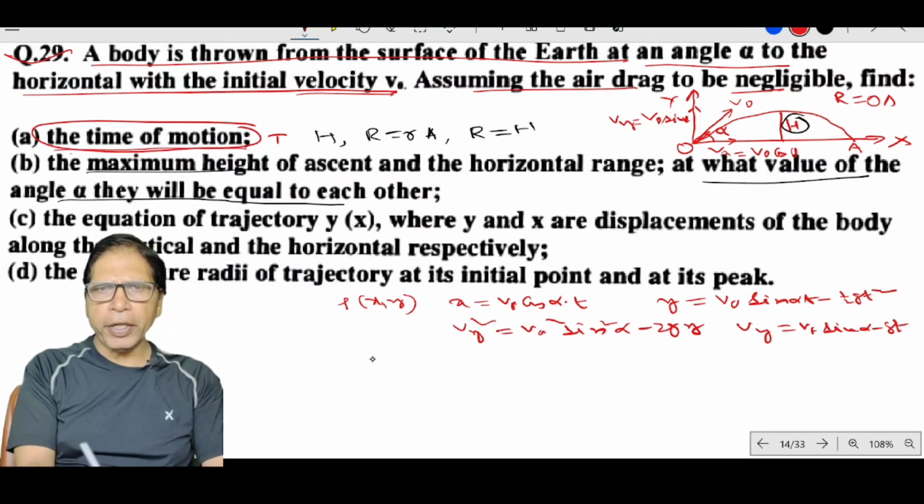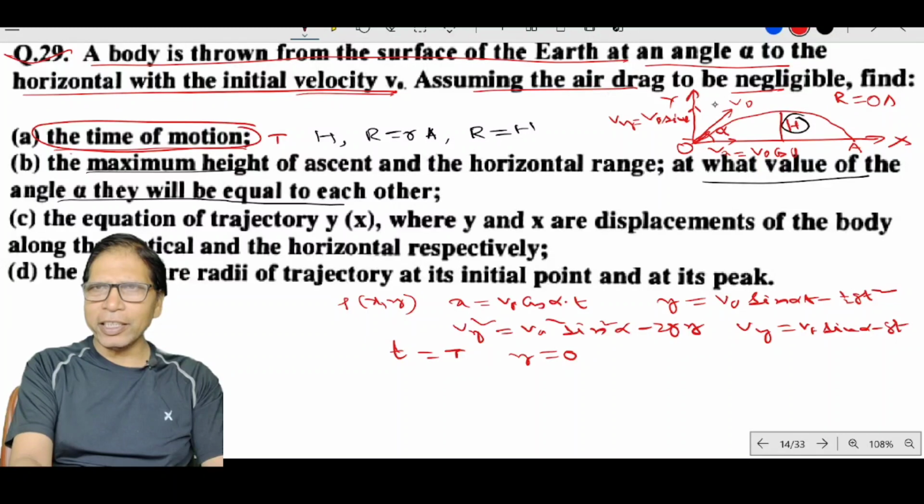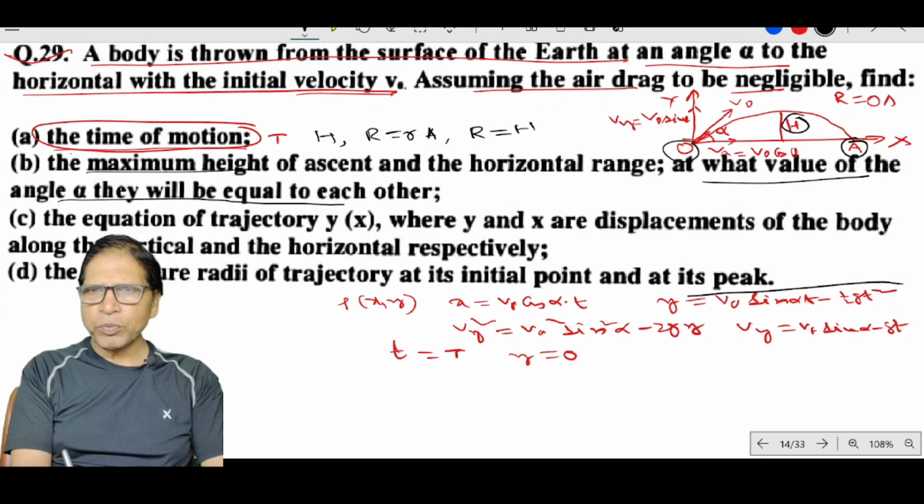Now we have to calculate the total time of motion. When t equals capital T, y equals 0, because the particle again reaches from O to A, that is, the vertical height attained by the particle is equal to 0. Now putting this condition, when t equals capital T, y equals 0.